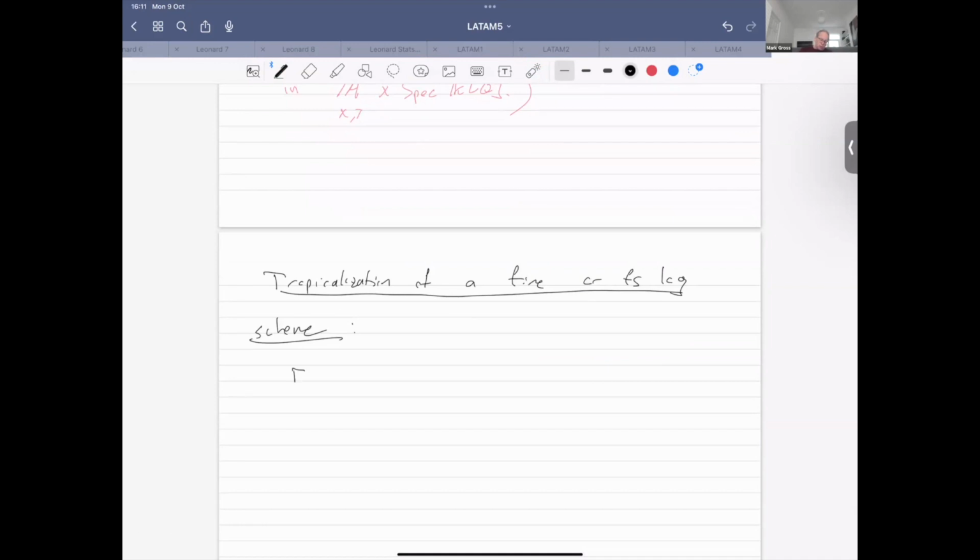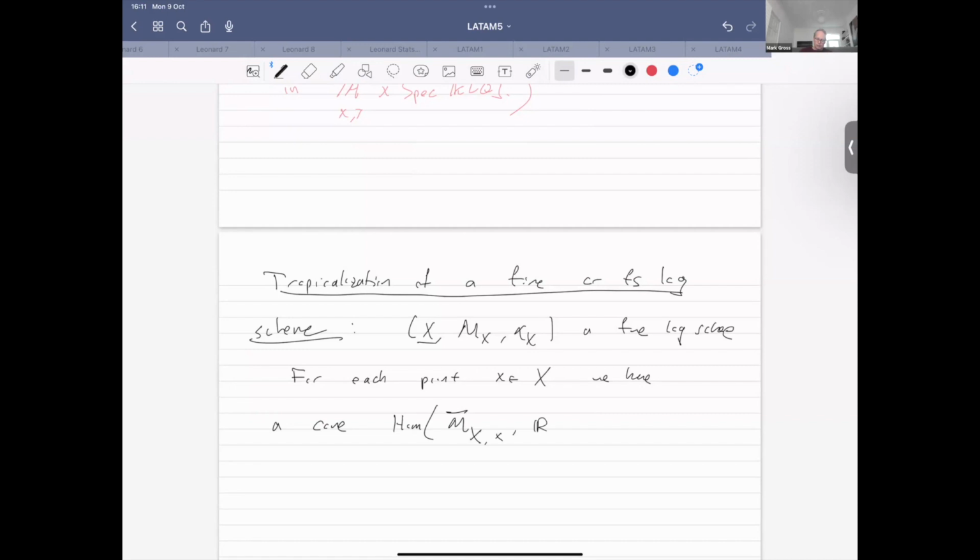Okay, so for each point, let's say X, M_X, alpha_X, a fine log scheme. For each point X in X, we have a cone. So I have this sheaf M bar X, which I just defined. We divide out M_X by the invertible functions, and I take the stalk at the point X, and I dualize this.